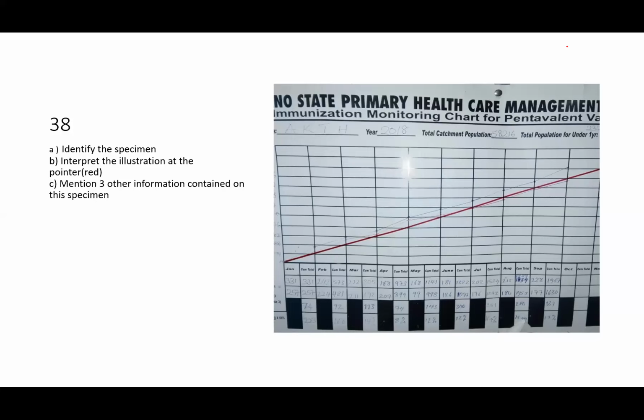Pentavalent vaccine. Immunization card. It's an immunization monitoring chart. You can see the date is there, the year is there, and all the months are there. So you call it an immunization monitoring chart. Okay.